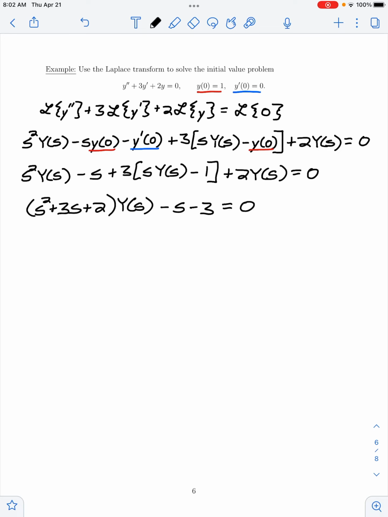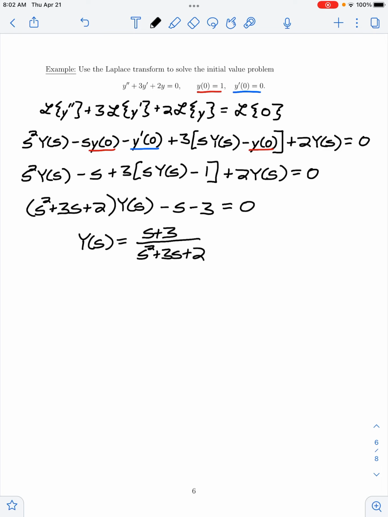So from here, I can solve for capital Y by first adding s plus 3 to both sides, and then dividing through by the coefficient of capital Y, which was s squared plus 3s plus 2.